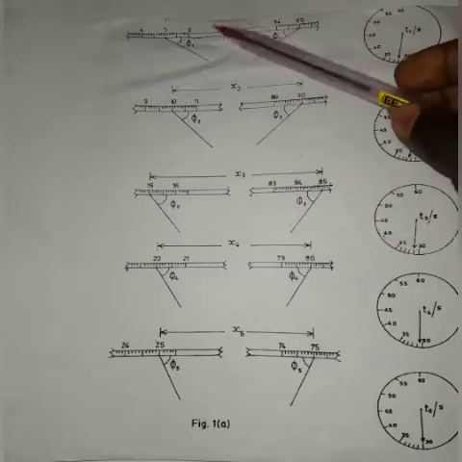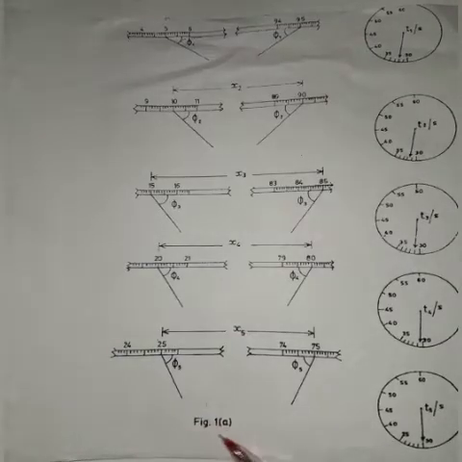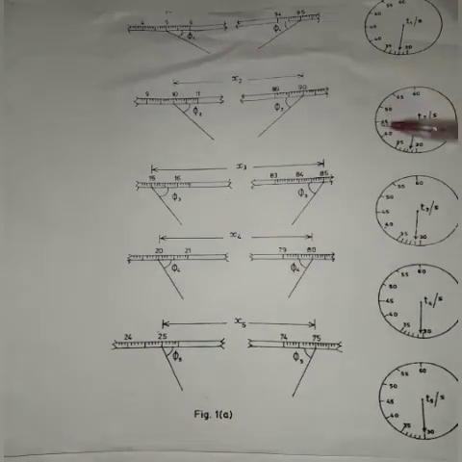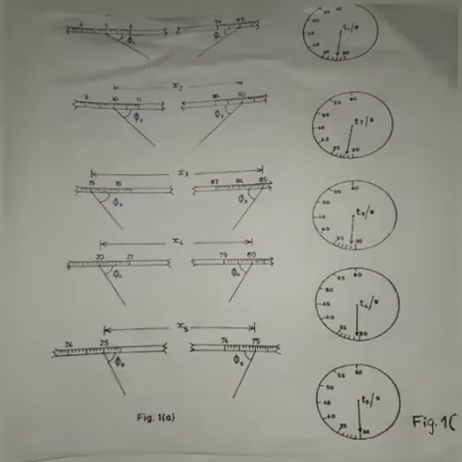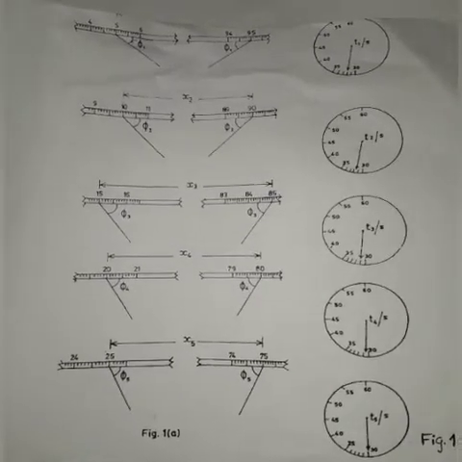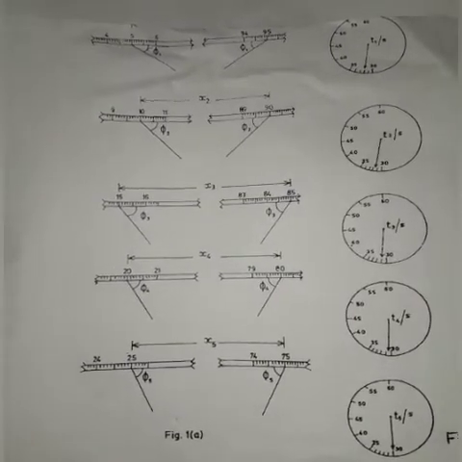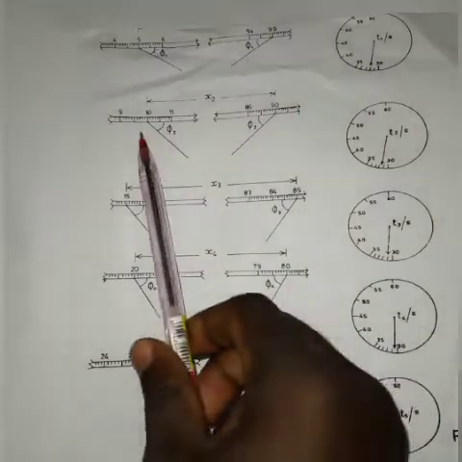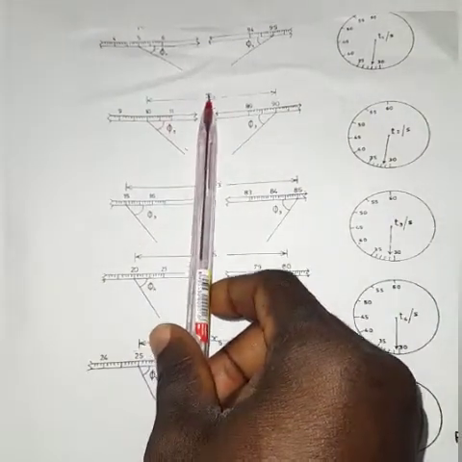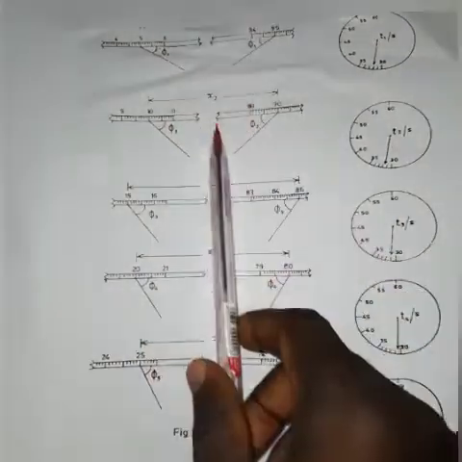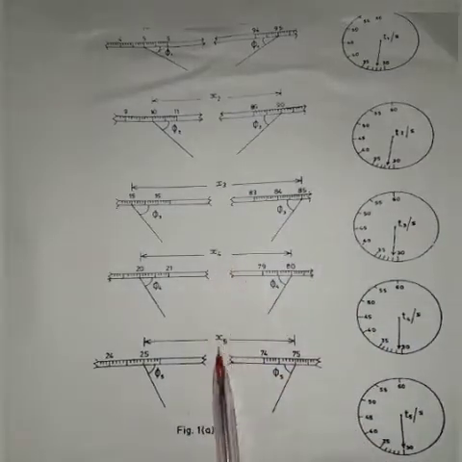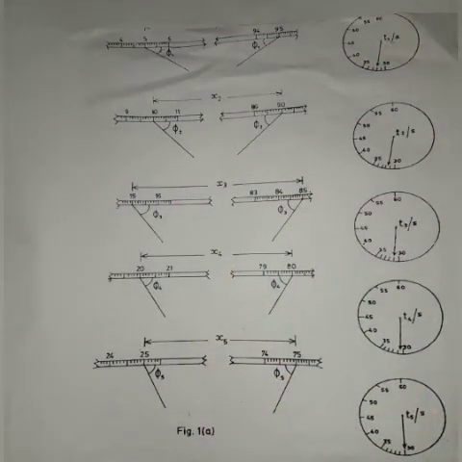Alright, these diagrams here represent figure 1a, and these ones here represent figure 1b. So what we are to do, we are asked to determine the length x. So this is going to be x1, x2, x3, x4, x5, and their corresponding time. Now I have a composite table for this.